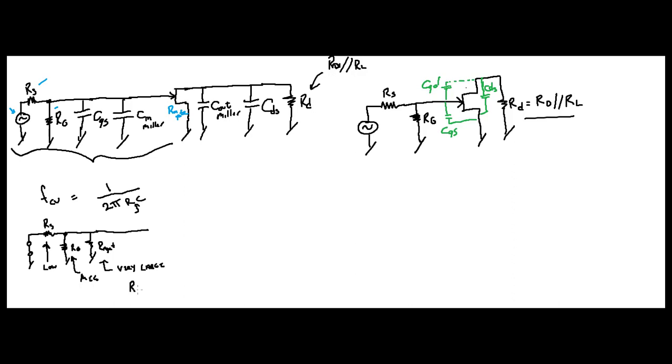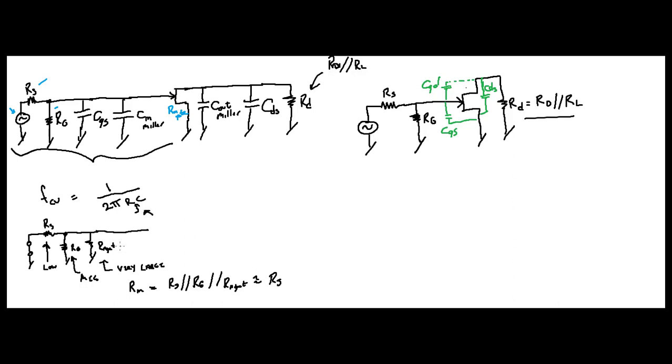Rn is equal to Rs in parallel with Rg in parallel with R in, and here's your gate, which is approximately equal to Rs. And that's why you have an RS right up here.